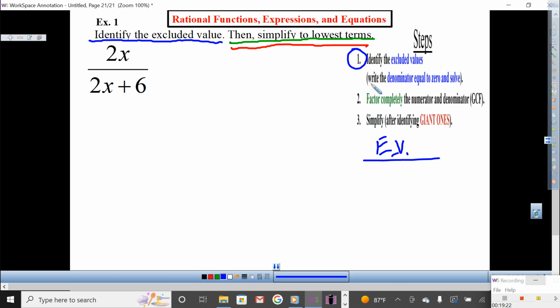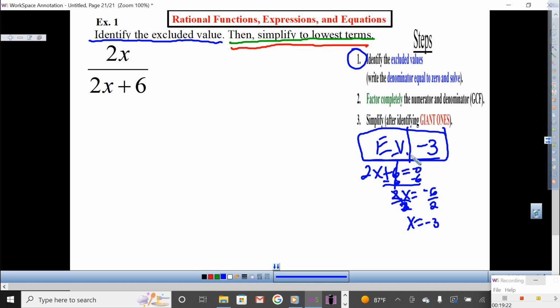It says, write the denominator equal to 0 and solve. So what's my denominator here? 2x plus 6. So I write 2x plus 6 equal to 0. I'm going to solve. Minus 6, 2x equals negative 6, divide by 2. x equals -3. So my excluded value is -3.